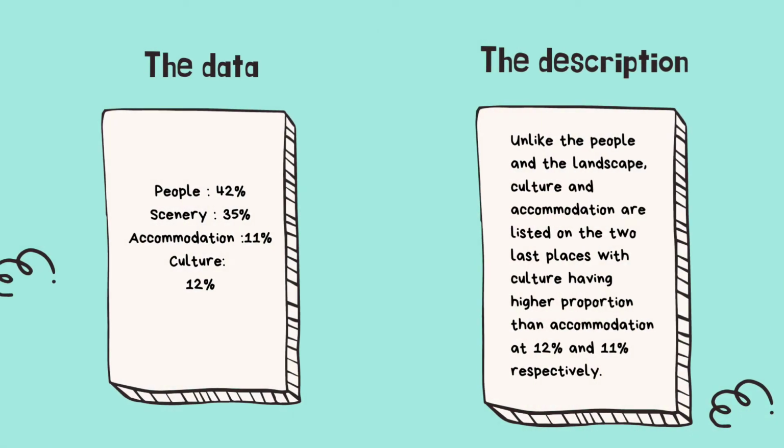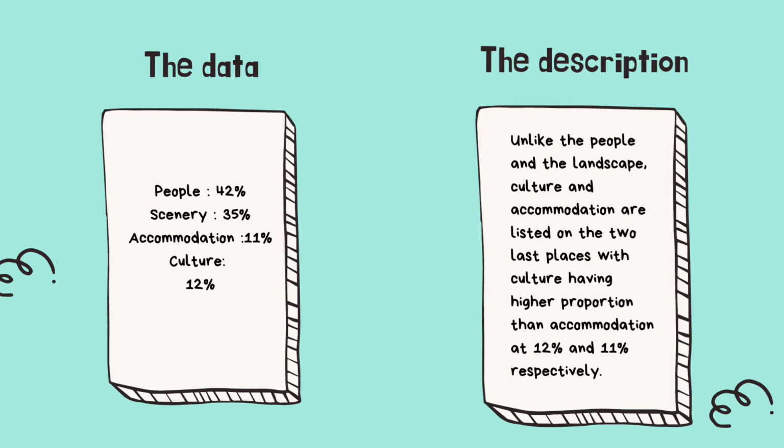Okay, so it's still about the advantages. As you can see that the good accommodation has 11% proportion. Culture is claimed as one of the advantages by 12% of visitors.